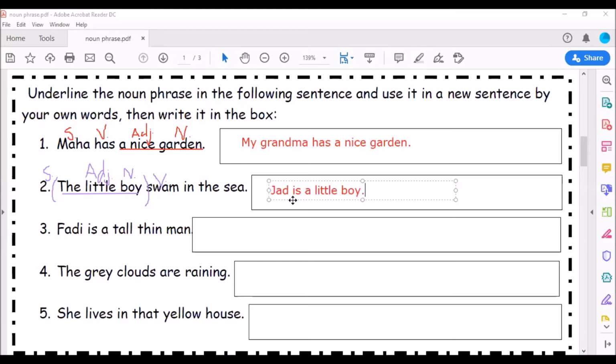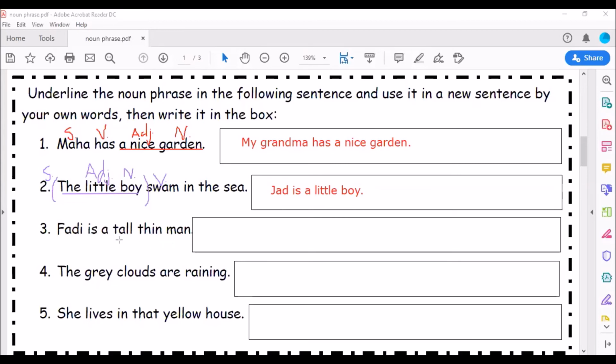Okay, Jad is a little boy and I have full stop. Now let's move to three. Okay, Fadi is a tall, thin man.